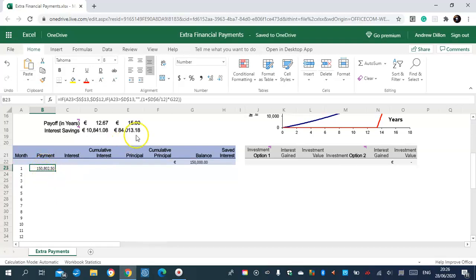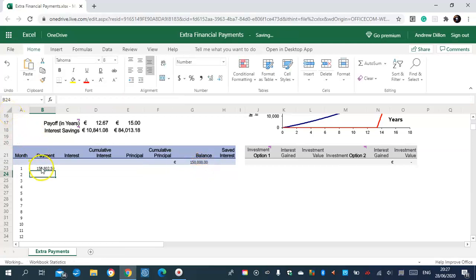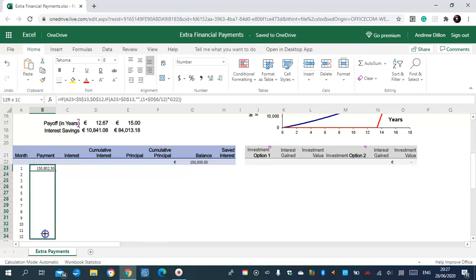So that's the answer for the payment. That's how to find and calculate the month for the payment related to the balance section, which is here. So once I have it now, I can drag that and analyze the answers for the rest of the payments.